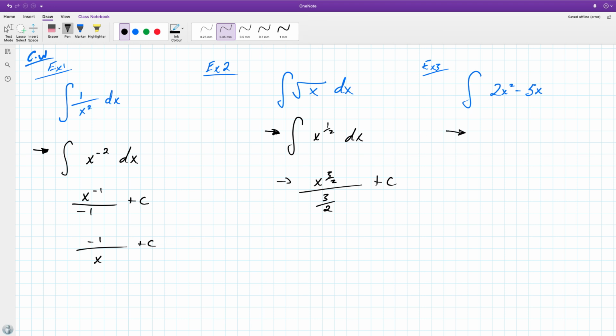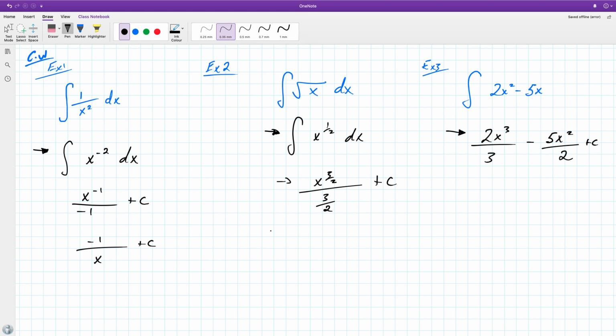So then integrate this, you get 2x to the power of 3 over 3 minus 5x squared over 2 plus c, because there's no definite integrals.